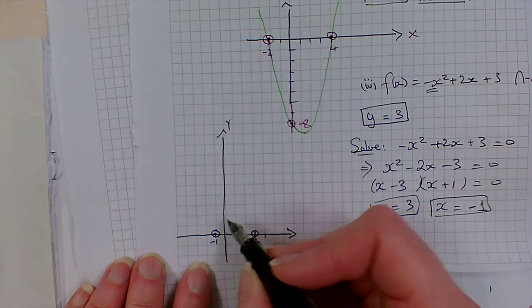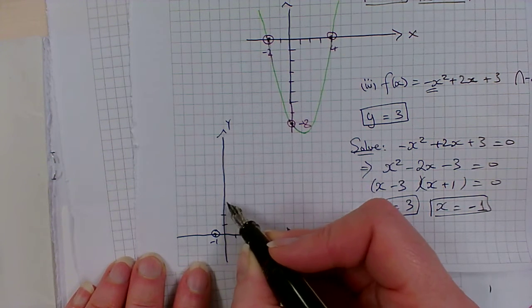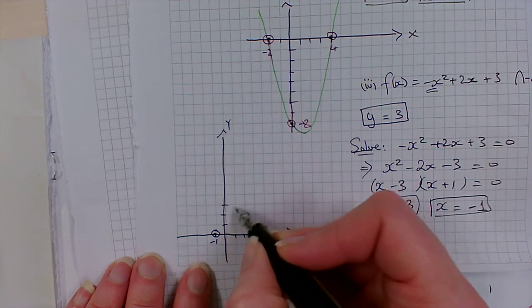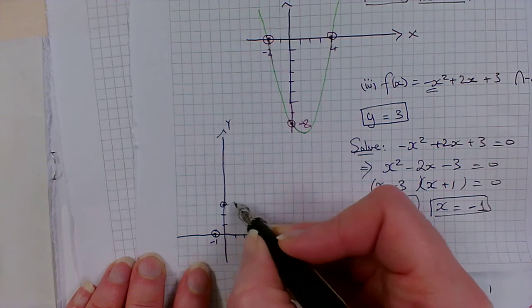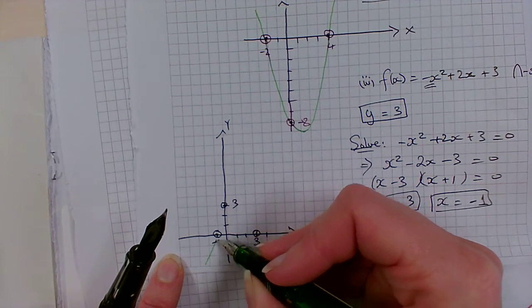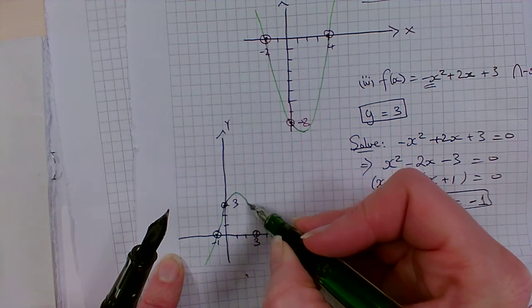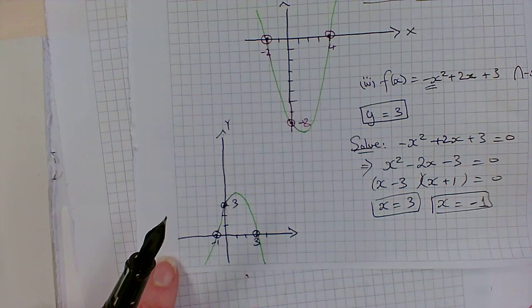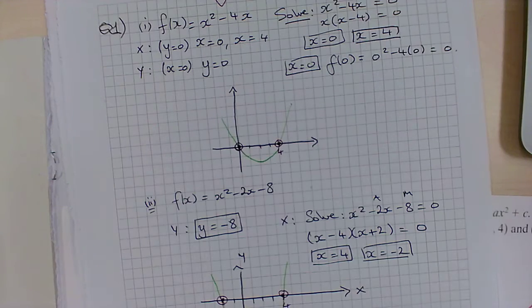And I need to go up as far as 1, 2, 3. I could double these, couldn't I? Oh, it's fine for the rough sketch. And just remembering that it's n-shaped, so it needs to go through the x-axis and the y-axis and then turn around like that. Okay, so that was question 1. Hopefully you were able to follow that along.